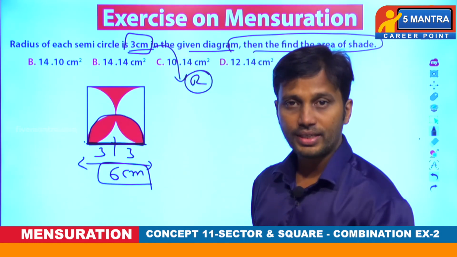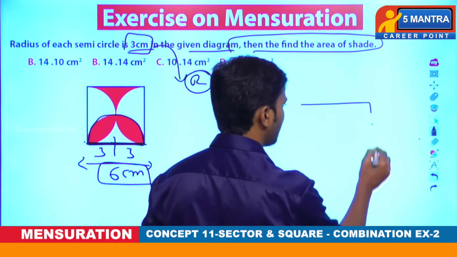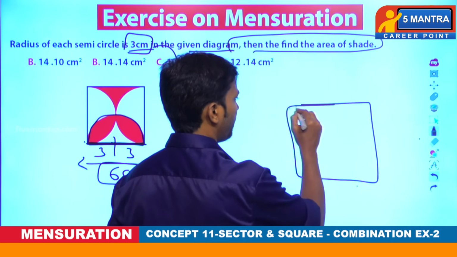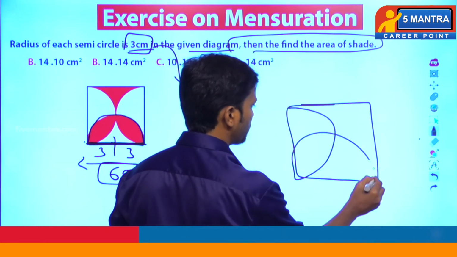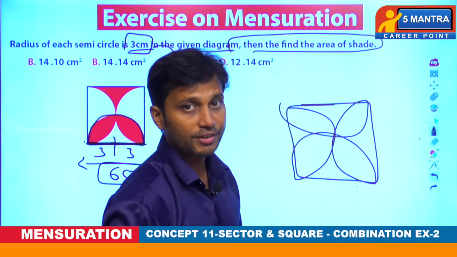Once again reminding you guys, this is only the mother diagram. You need to use the mother diagram. Once again, I am reminding you of the previous shortcut taught to you in the concept video.